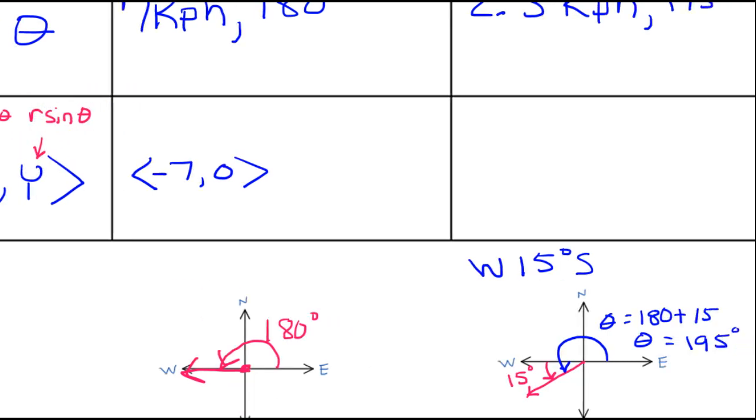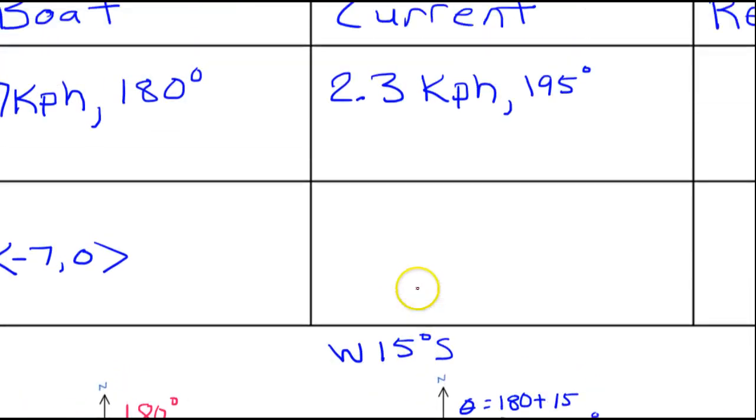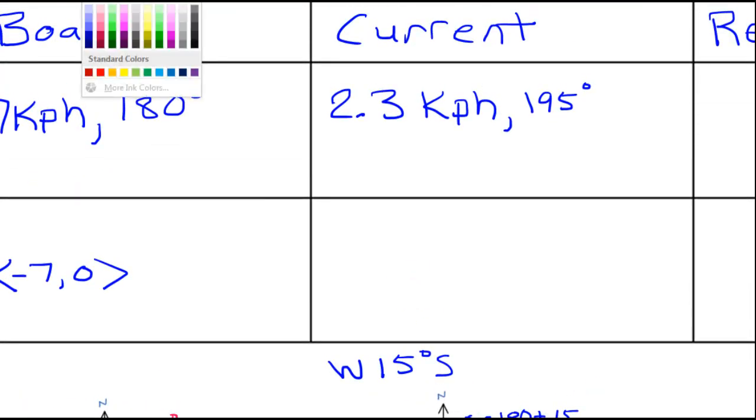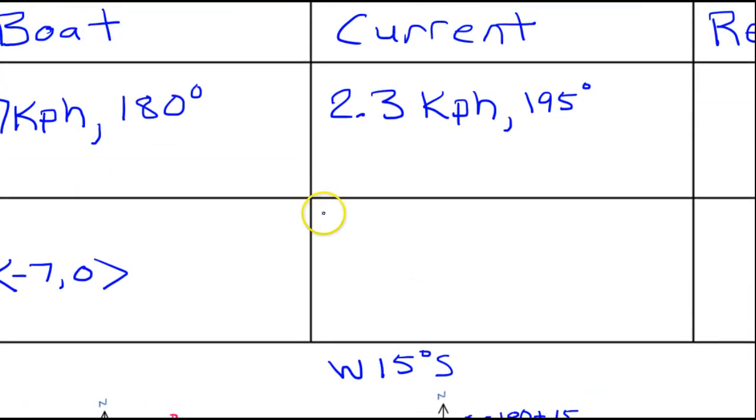So that's what I'm about to do now. So r cosine theta, in this case, will be 2.3 cosine 195. And r sine theta is 2.3 sine 195. So use a calculator.